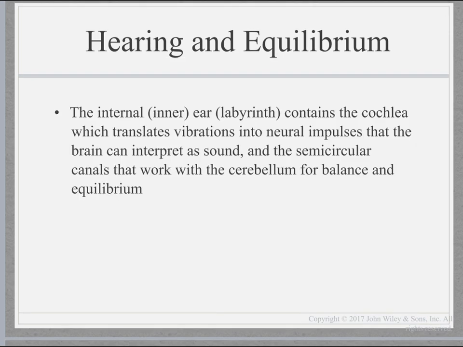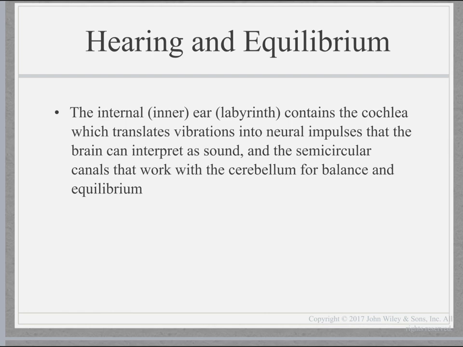Lastly, we have the internal ear. This is made up of the cochlea, which in Latin means labyrinth. This is going to translate those vibrations from the tympanic membrane, from those auditory ossicles, into neural impulses that the brain can interpret as sound.